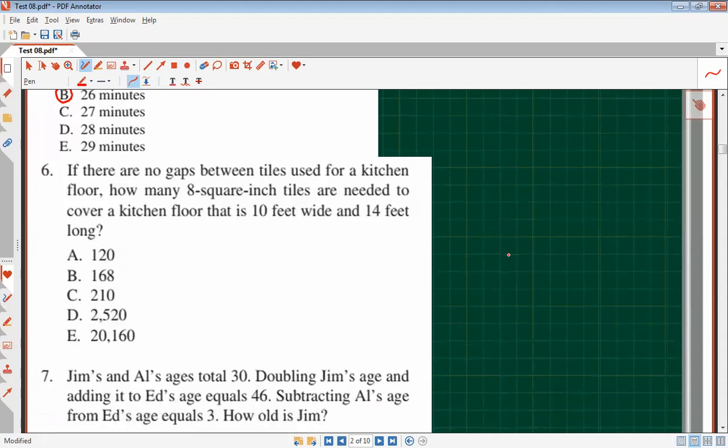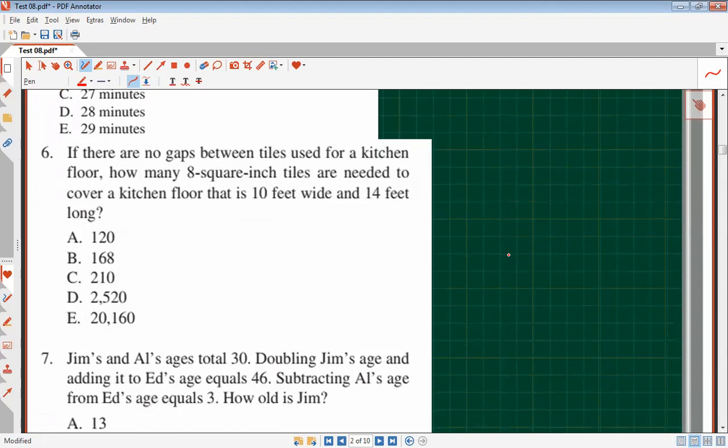Question number 6. If there are no gaps between tiles used for a kitchen floor, how many 8 square inch tiles are needed to cover a kitchen floor that is 10 feet wide and 14 feet long? We need to know that there are 12 inches in a foot.